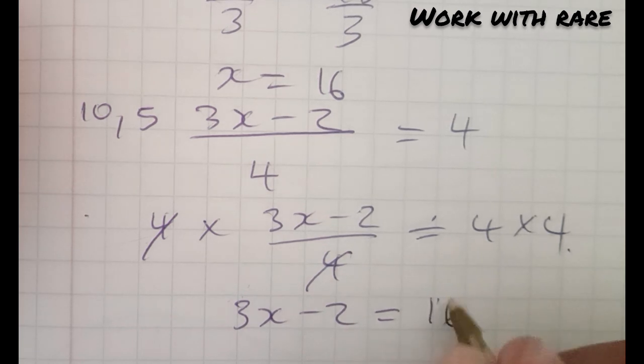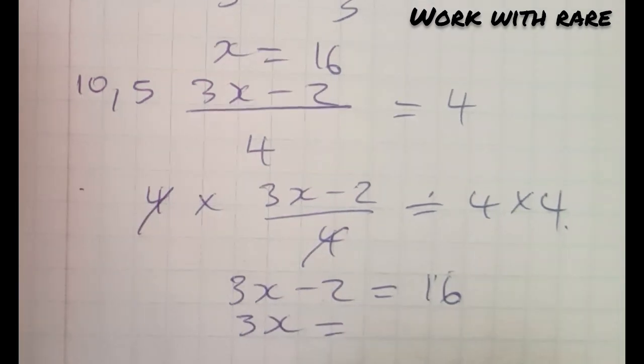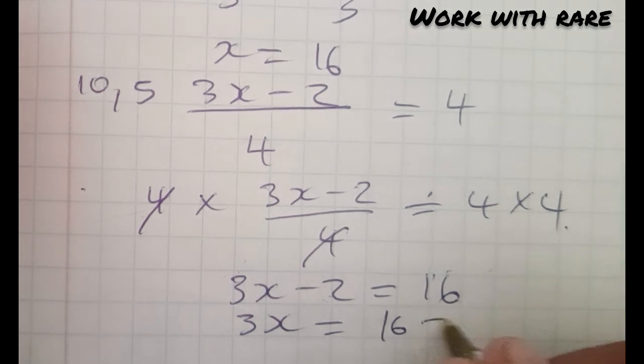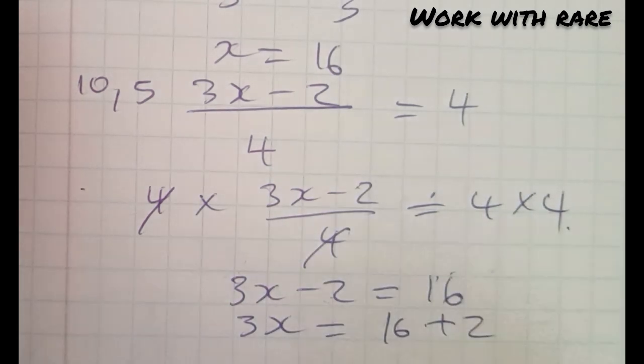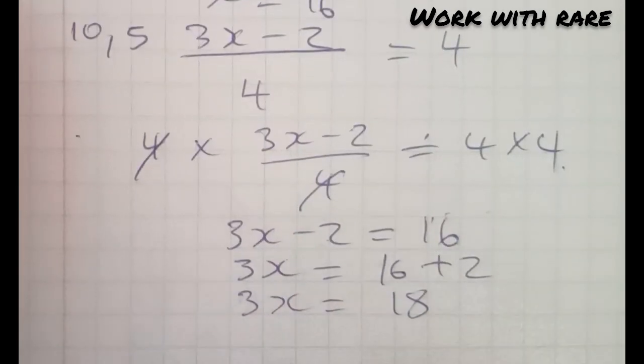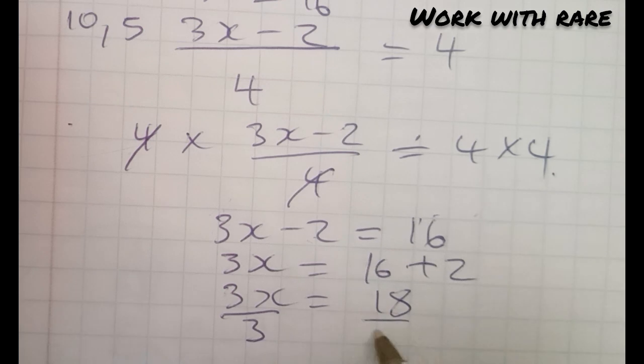So after they cancel each other, we remain with 3x minus 2 is equals to 4 multiplied by 4, it's 16. So we'll take 2 to the opposite side, so it will be 3x is equals to 16. That 2 was negative, so it will be positive, which means it will be plus 2, which is 18. So 3x is equals to 18. So I have to divide both sides by 3.